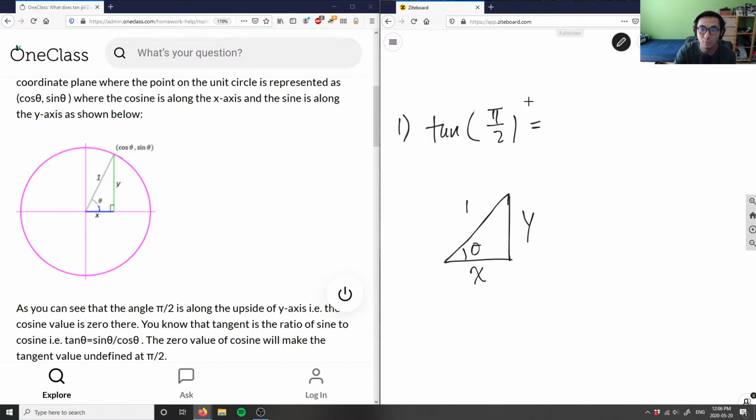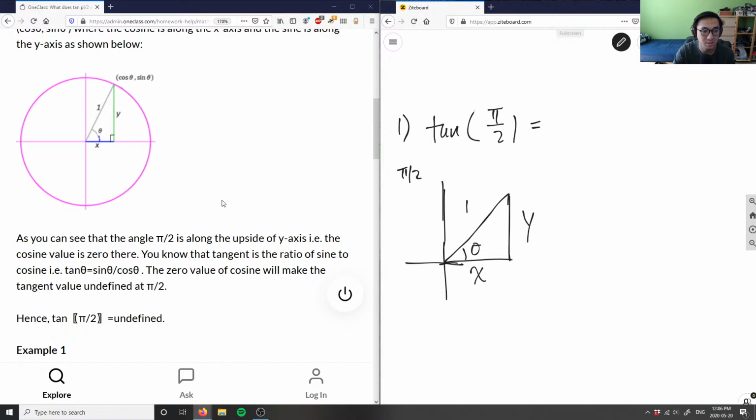When we look at pi over 2, it makes a right angle here. This is 90 degrees, so we're extending theta all the way to this right angle. As you can see, pi over 2 is along the upside of the y-axis, so the cosine value is 0 there.